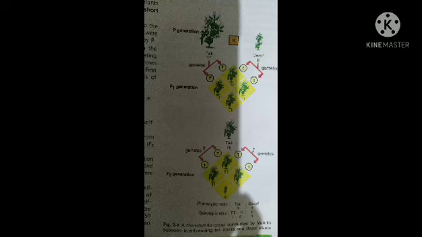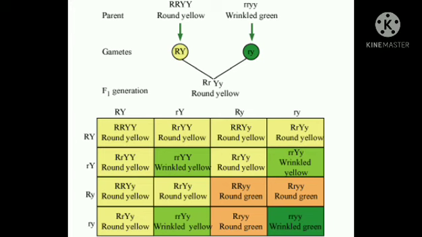When they are crossed, they produce the F1 generation, in which all the seeds are yellow and round, as you can see in the picture.